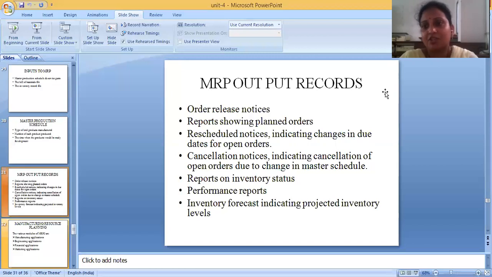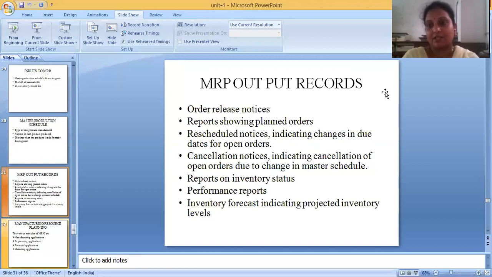Next one is cancellation notice. In the sense, if you are not in need of that component. It can be a few things: either the project which you are getting has been cancelled, or else you have that project, but the production schedule which you are running now is getting delayed and you don't have place for placing such orders in the inventory. In such cases, we cancel that order, and when we are dealing with that project again, we'll take it from the supplier.